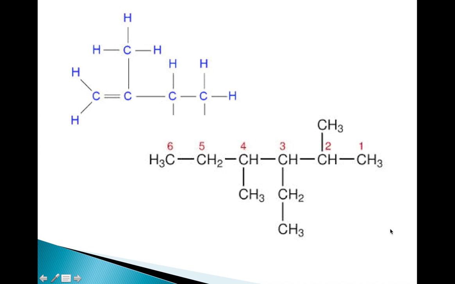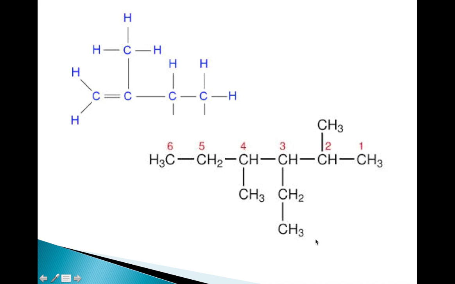This one here, we've got 6 in a row, and they've already numbered them for you because they're starting from the end which is closest to a branch. So that's why we're starting from the right hand side here. All single bonds, so that makes this hexane. We've got two methyl groups, one here and one there, and we've got an ethyl group here.